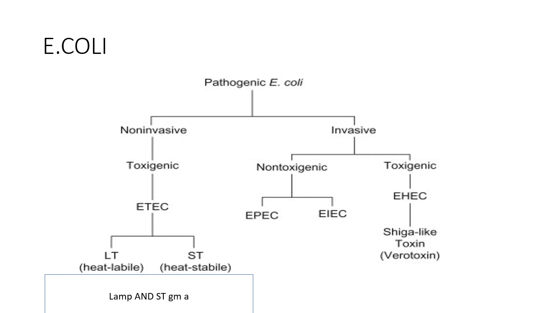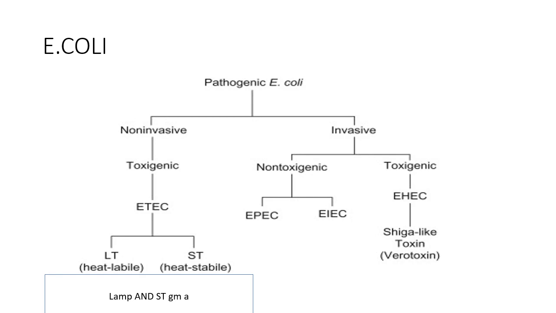The heat labile toxin, produced by ETEC, can be remembered by the code LAMP: the heat labile toxin increases cyclic AMP, which increases diarrhea, whereas ST, the heat stable one, increases cyclic GMP, which also increases diarrhea. So remember the codes LAMP and stigma.